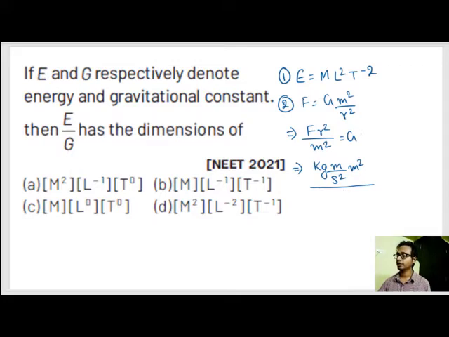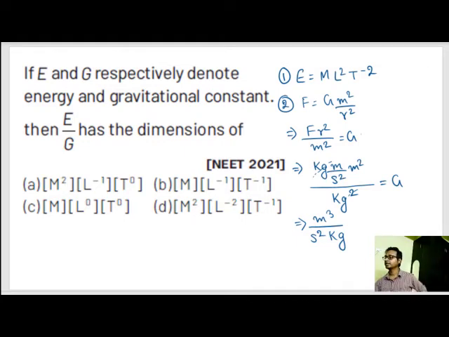So the units and dimension become, this kg and this square get cancelled, meter cube by second square kg, is equal to G.